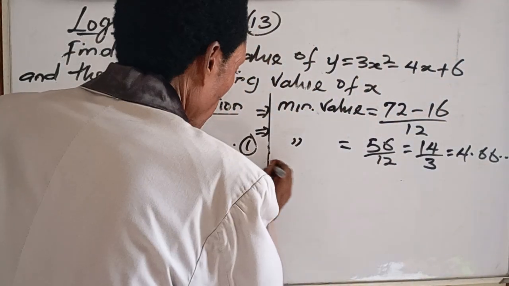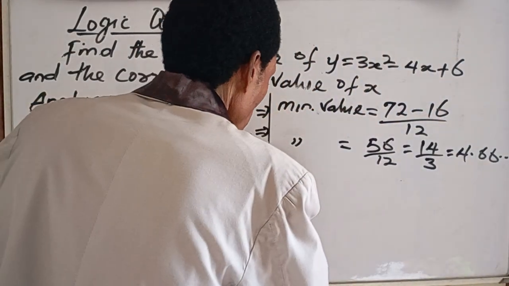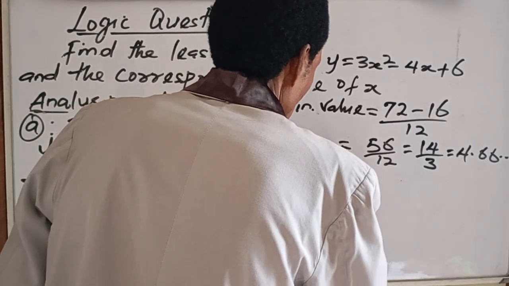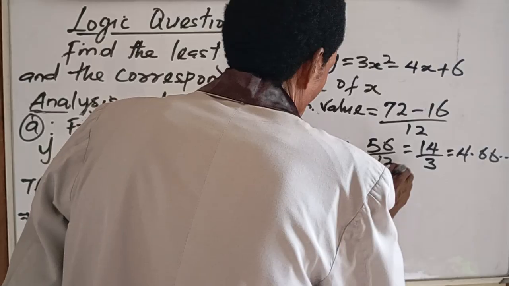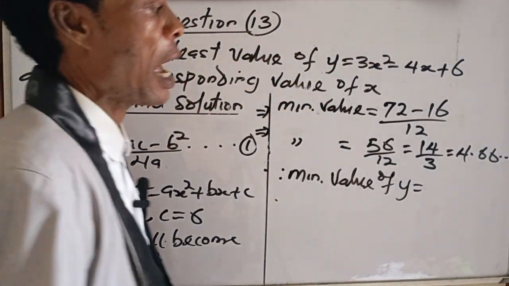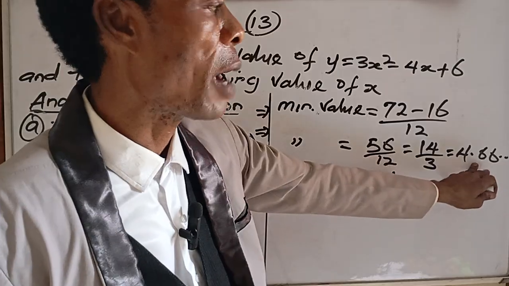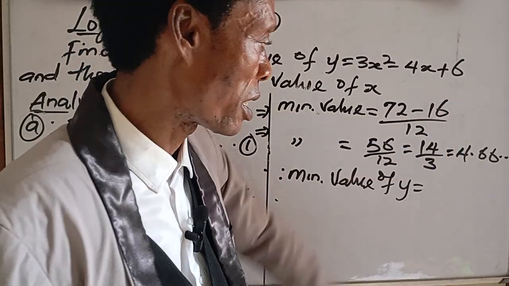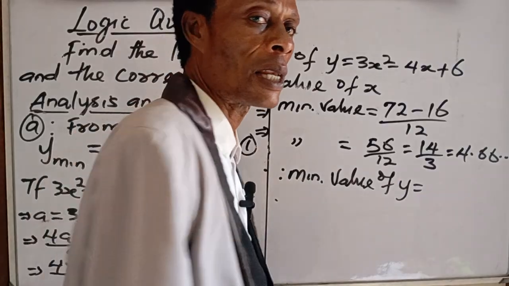So therefore, the minimal value of y equals 4.66 continuously. So we can approximate it to the nearest whole number.